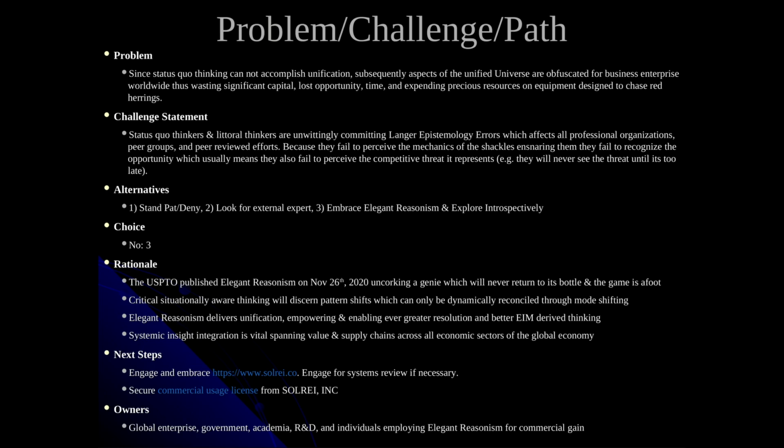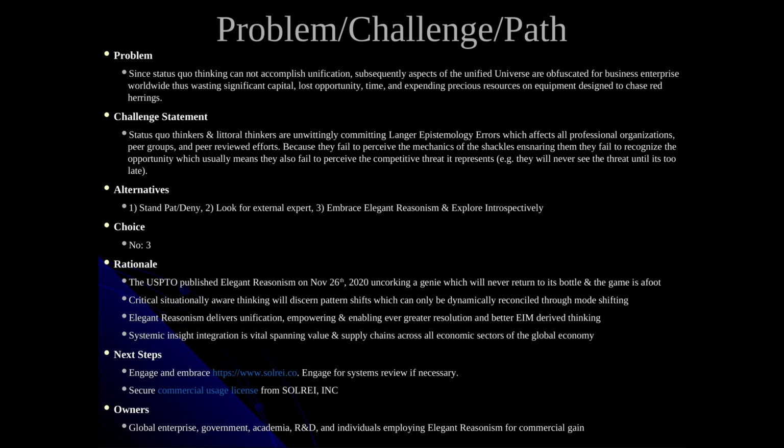You may have seen the problem challenge path framework that we use in other videos. I'm going to skip down to the rationale here because it's different in this presentation than it might be in the other presentations. And it's motivated by that first bullet there.